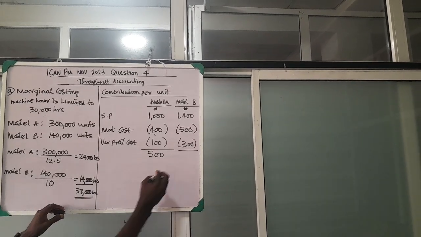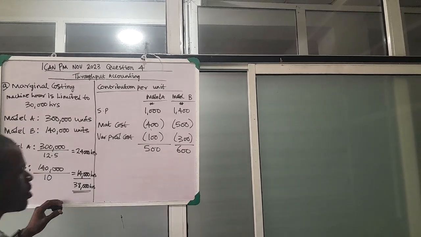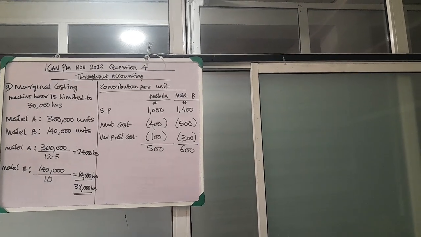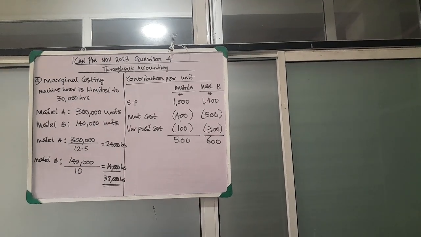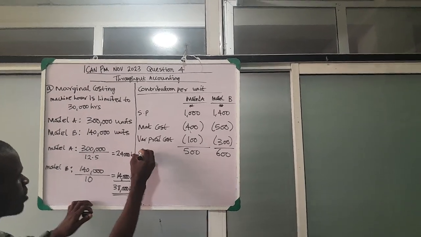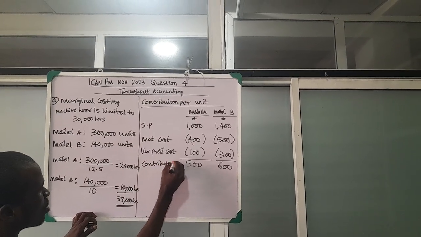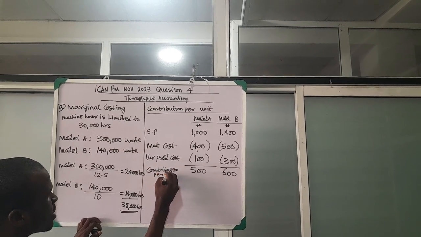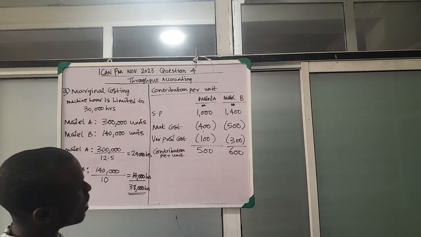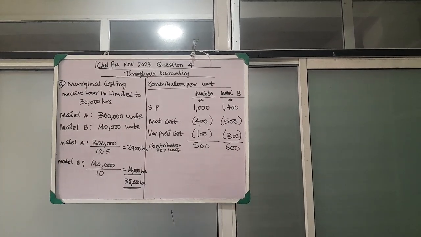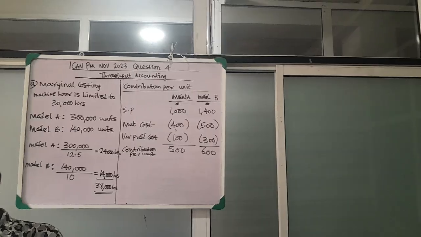Less 300 gives us 600. So those values you have gotten are our contribution per unit. Model A 500, model B 600.